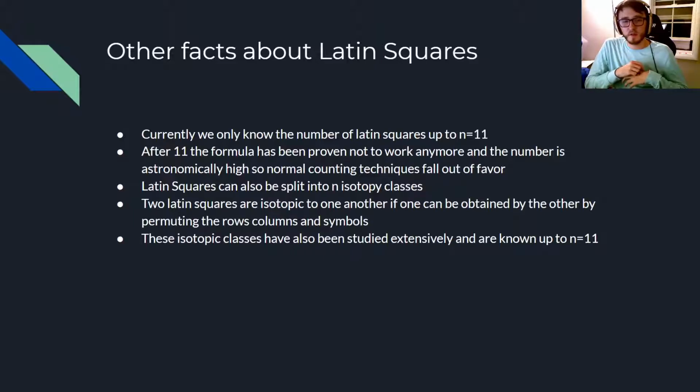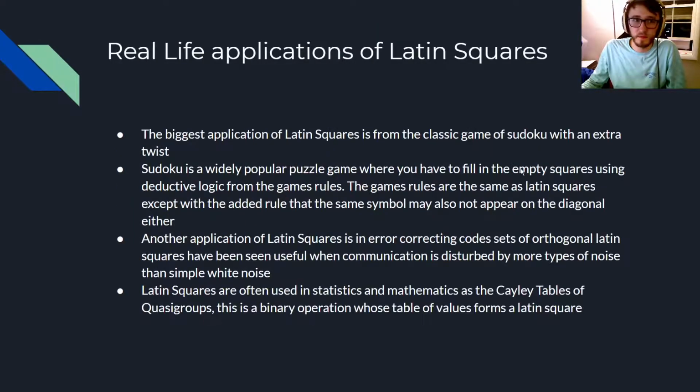Isotopic Latin squares are when you take two Latin squares, and one can be obtained from the other by permuting the rows, columns, and symbols. These isotopy classes have also been studied extensively and are known up to n equals 11.